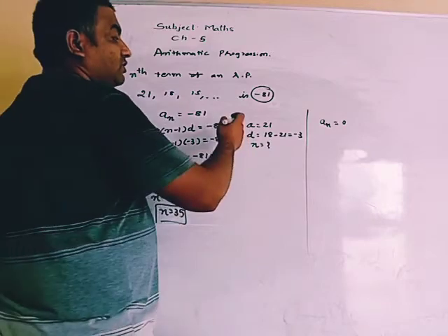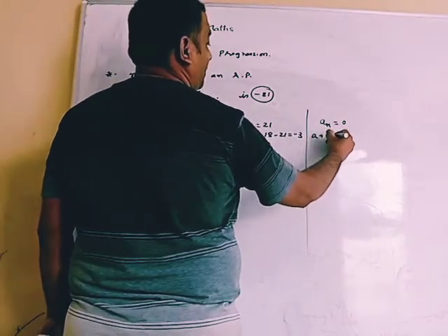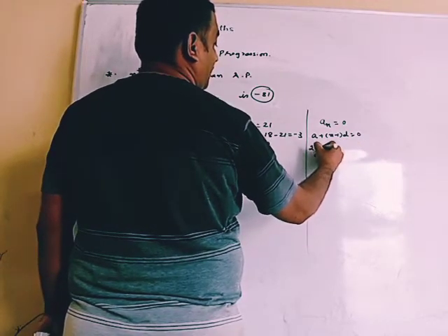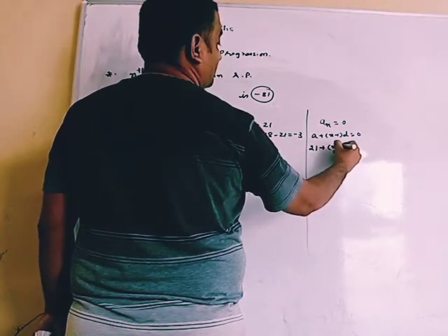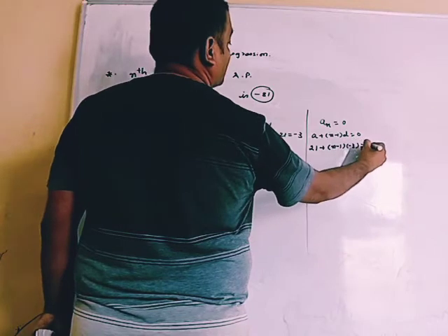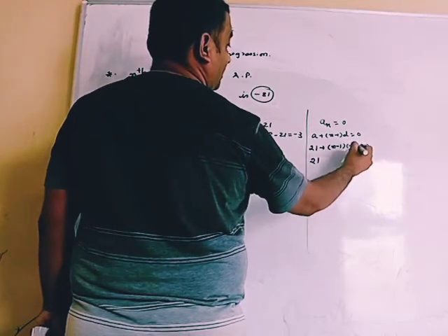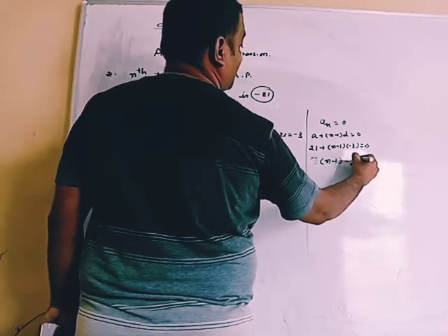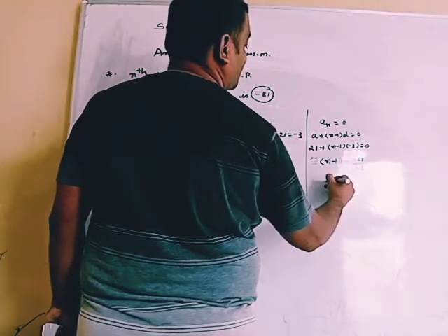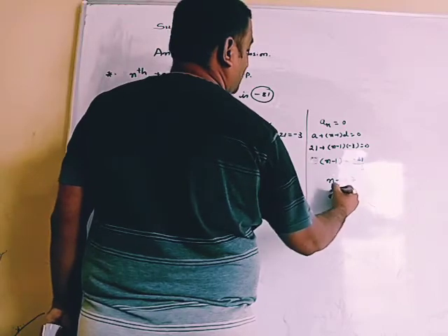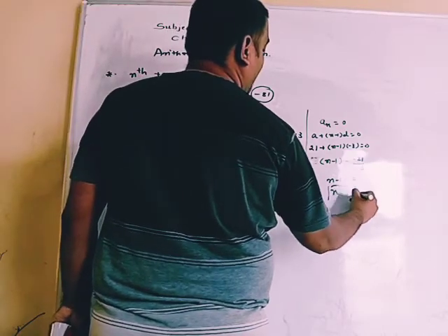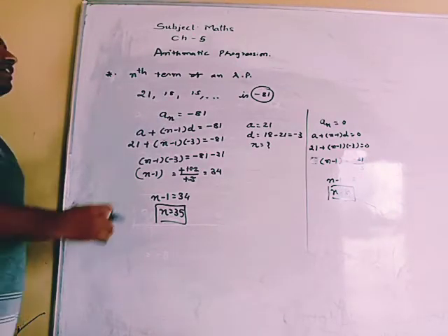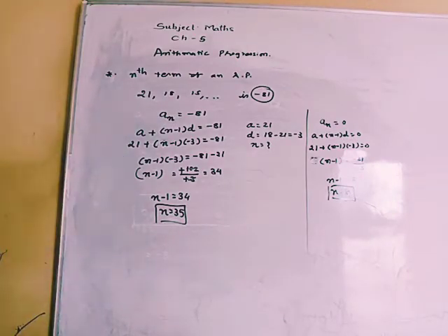So an equals 0, and a plus (n minus 1) into d equals 0. So 21 plus (n minus 1) times minus 3 equals 0. So n minus 1 equals minus 21 divided by minus 3, that is 7. So n equals 8. Here we got n as a natural number, so yes, 0 is a term of this AP.